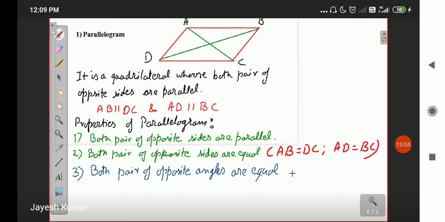What are the pair of opposite angles here? Here angle D and angle B are a pair of opposite angles, as well as angle A and angle C are a pair of opposite angles. So that means angle D equals angle B and angle A equals angle C.